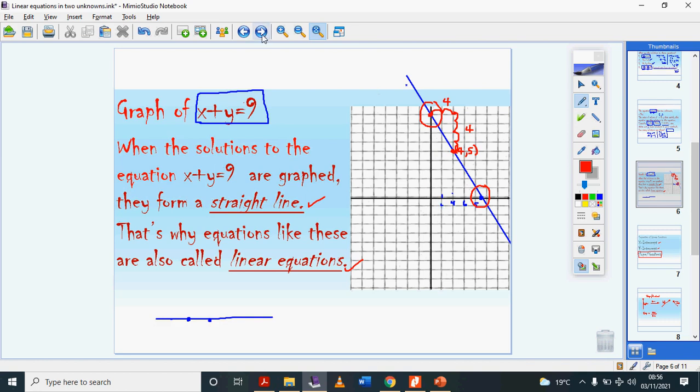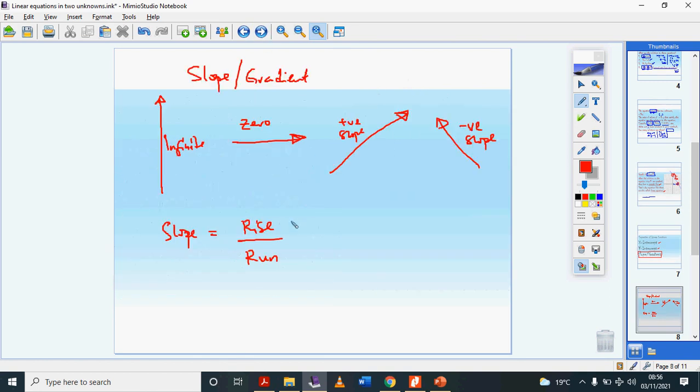So my slope is going to be the rise, which was 4, and the run, which was 4 but towards the left. Therefore my slope is going to be -1. This negative is because it was towards the left. That's simply what slope or gradient is, and we'll talk more about this in case this idea is confusing at the moment.